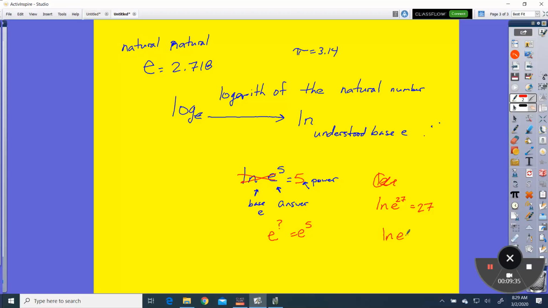Or ln of e to the 3.52, 3.52. Because this is really just saying e to what power equals e to the 3.52? Well, if they're equal to each other, that has to be 3.52. Or you can just think of those killing each other off.